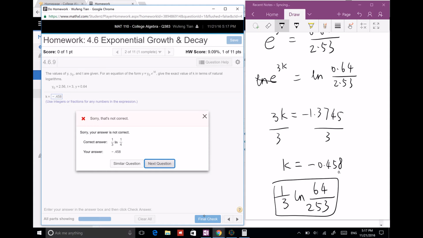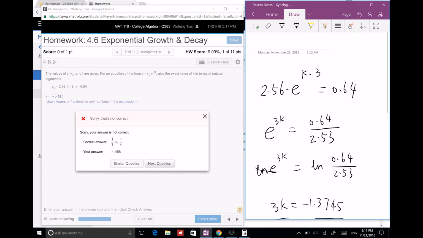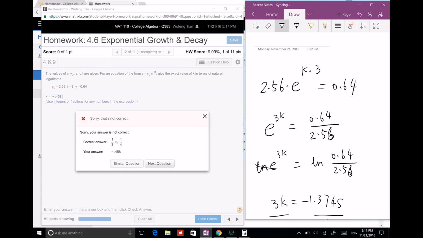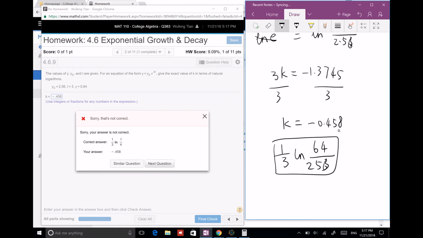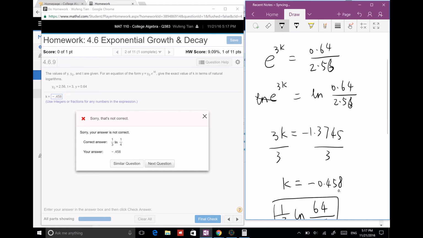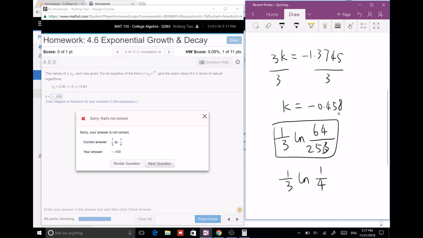Oh, it's 256, I think I made a mistake here. So 256, and you can simplify it to 1/3 of ln 1/4. I'm typing this one, which is right. Our method and everything is right, just at the end you type in the exact solution.